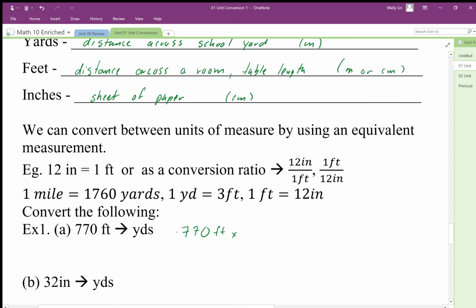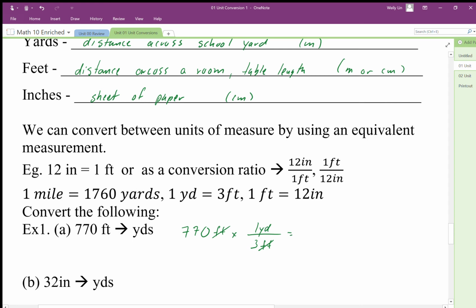I want to use yards and feet. Yards and feet are here. Now if I want to get rid of feet, I need to make sure that the feet units are in the divide spot so I can cancel out those units. And then we end up with yards on top.